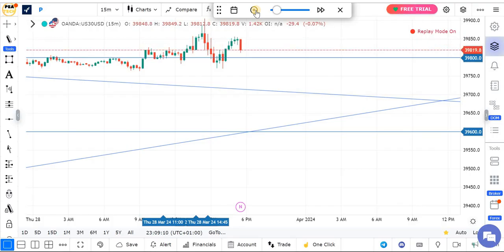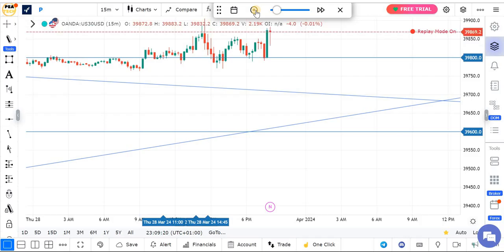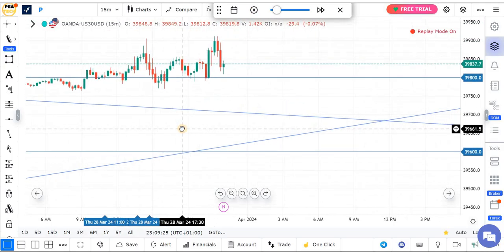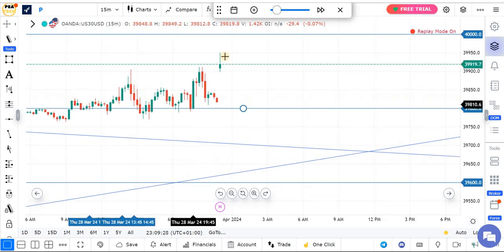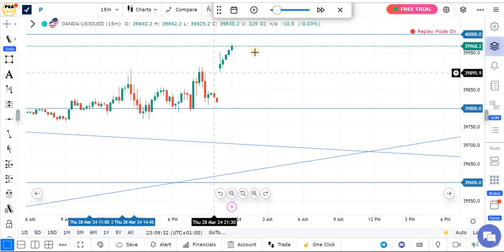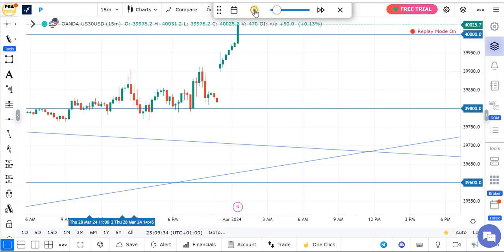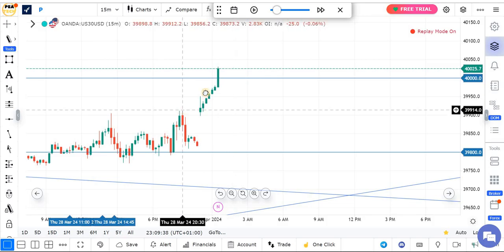You can see the thing is just ranging and ranging, so no direction here. Gap here. So you can see first psychological level taken out, right?